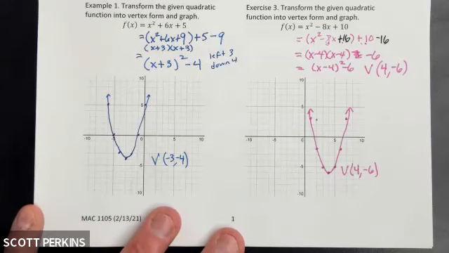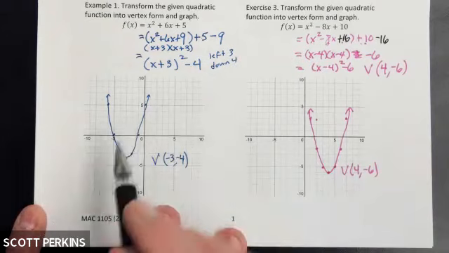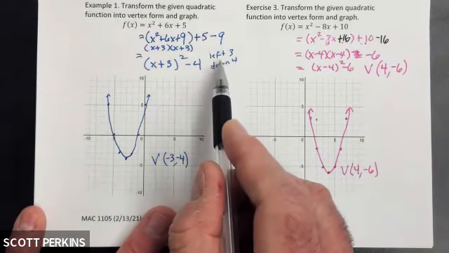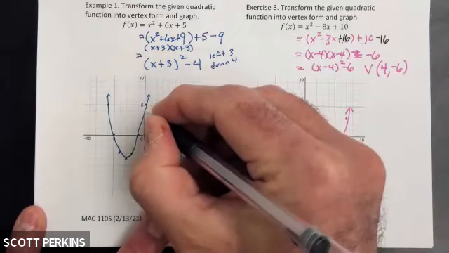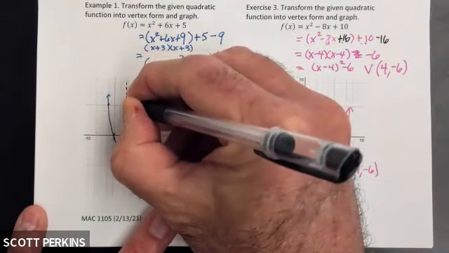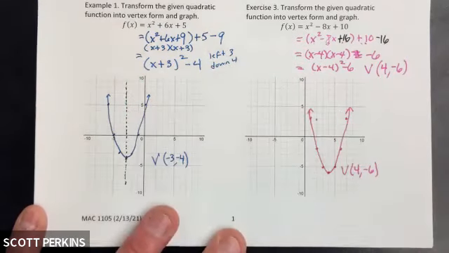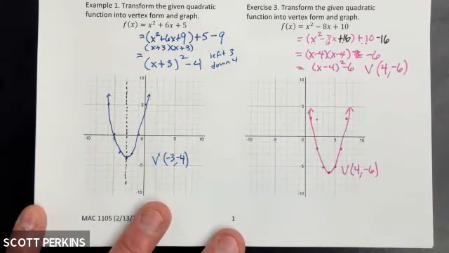So example 1, when I ask you what the line of symmetry is, I just want to know what vertical line I would use to fold this so that it would be the same. So notice I've moved this graph. We said back at the time we moved this graph left 3. So that means I've moved the whole thing, including the line of symmetry. I'm just going to make a dotted black line here so you can see. I've moved my line of symmetry left 3.